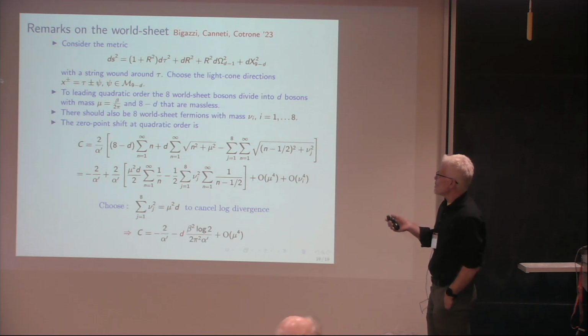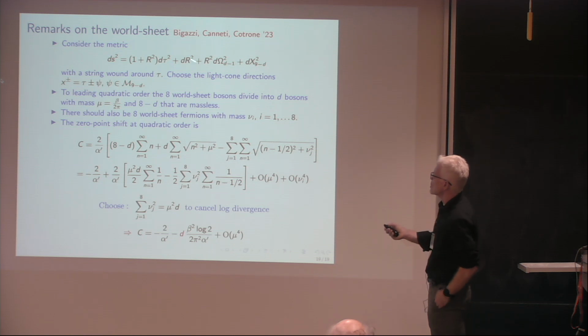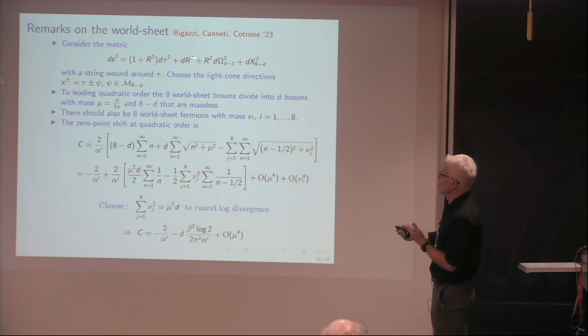So actually, there was an argument about how to at least extract the leading term from the worldsheet. The idea is the following. Think of the full 10-dimensional space, where you have a string wrapping around the tau direction.